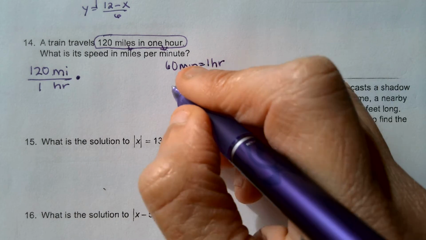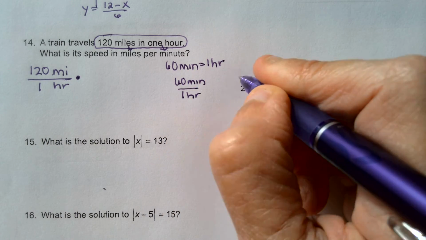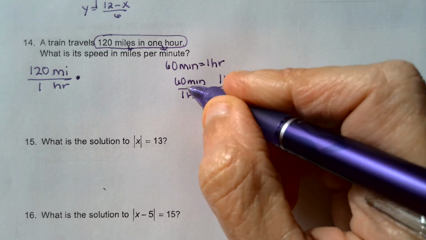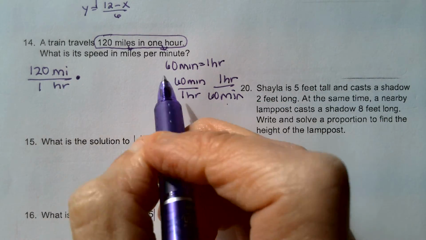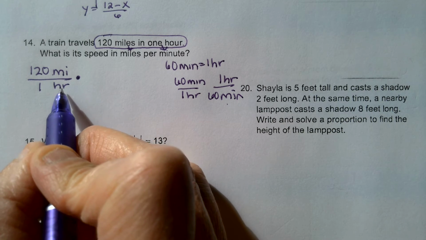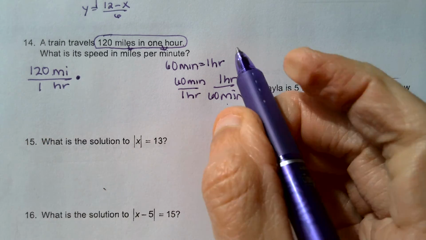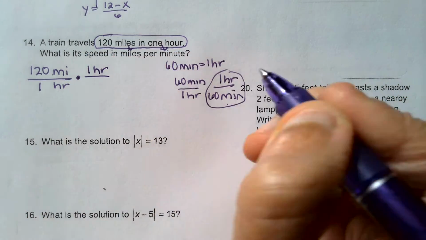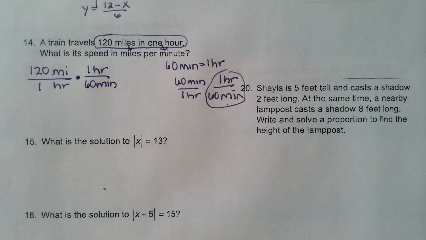Now I can write that as either 60 minutes over 1 hour or 1 hour over 60 minutes. They both are equal to 1. So I'm going to look over here and say, okay, I got to have my hours cross off. So I need the hours on the top here. So I'm going to pick this one. So 1 hour over 60 minutes.